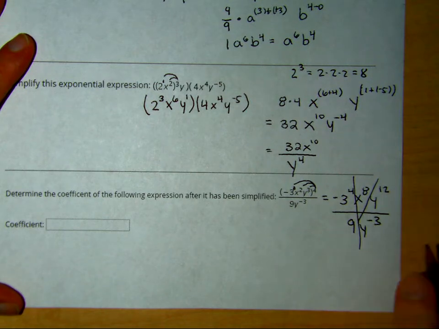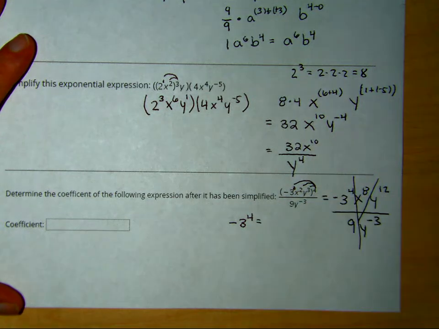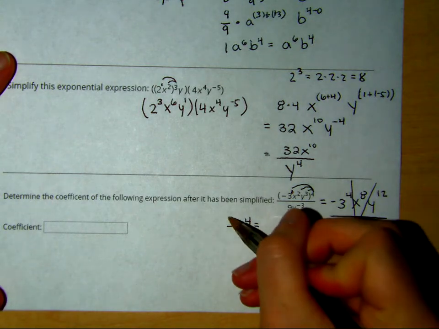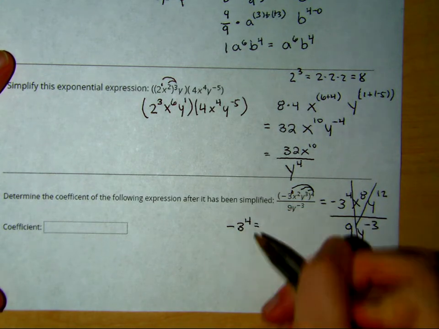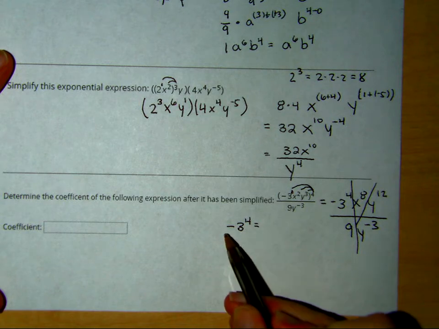okay, so first we have to evaluate negative 3 to the 4th power. Okay, so that's the same thing as saying 3 times 3 times 3 times 3, right? So if we put that in our calculators, we get 81. And remember, because the negative is not in parentheses, we're only taking 3 to the 4th power, and then the answer stays negative.